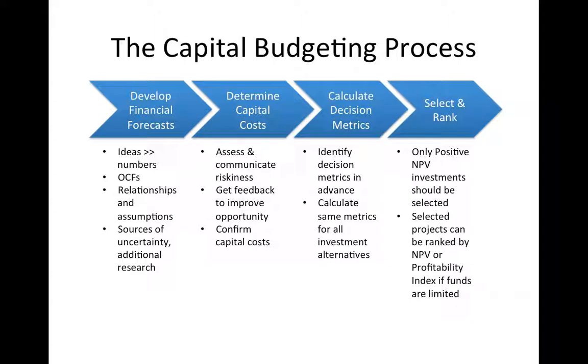It ignores the first two steps, which I think is a disservice because they're quite frankly the most time-consuming and hardest part of the process. And similarly, they are the thing that gives you the real insights to help you evaluate a business or not. So that by the time that you get to calculating your decision metrics, you already pretty much have a good idea of what you're going to do.